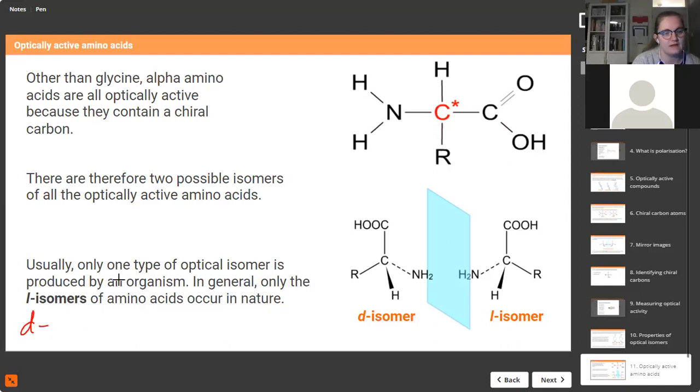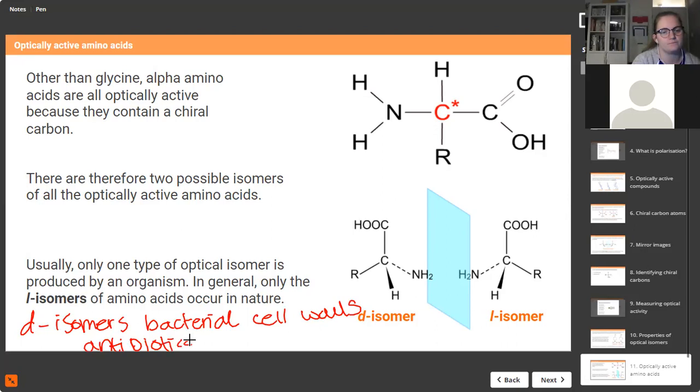The D isomers of amino acids are found in bacterial cell walls. What's really good about this is we can use it to our advantage with antibiotics. Antibiotics make use of this because they target the bacterial cell walls.